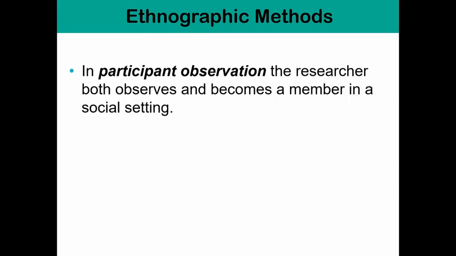One type of ethnography is known as participant observation. In participant observation, the researcher both observes and becomes a member of the social setting. So instead of just going and observing the bar, I'm having a lot of alcohol in this lecture apparently. I'm not drinking, but I'm talking about a lot of alcohol.